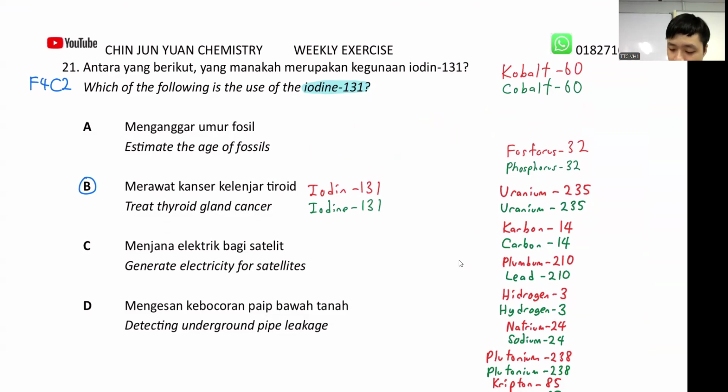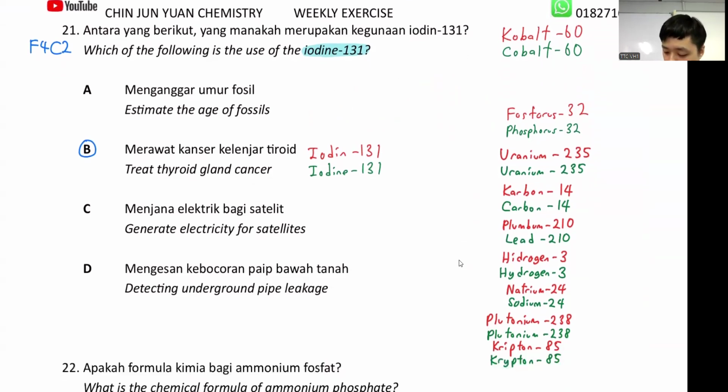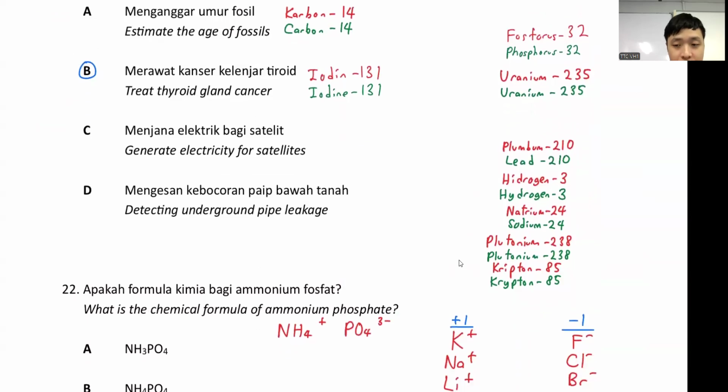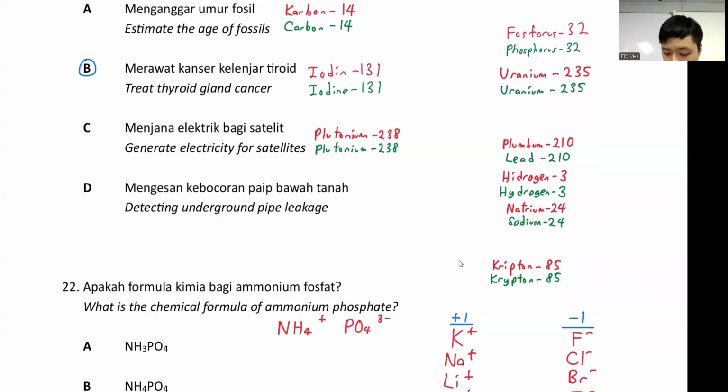A. Estimate the age of fossils is carbon-14. C. Generate electricity for satellites is plutonium-238. D. Detect leakage of underground pipe is sodium-24.